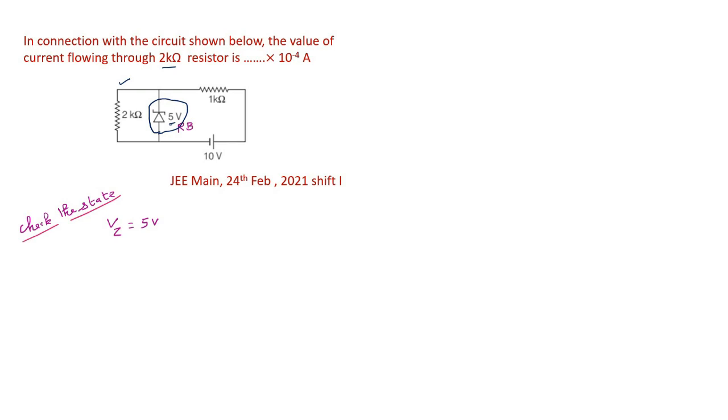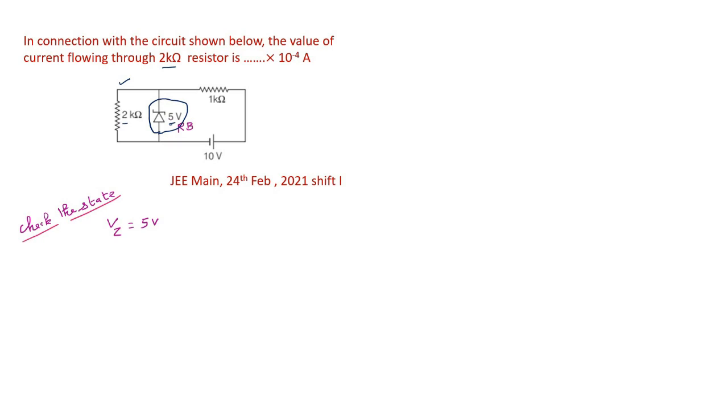On state means the voltage across this 2 kilo ohm resistance is the Zener breakdown voltage. What do you mean by on state? The voltage across the open circuit after removing the diode, if it is greater than the Zener breakdown voltage, then we can say it is in the on state, otherwise off state.